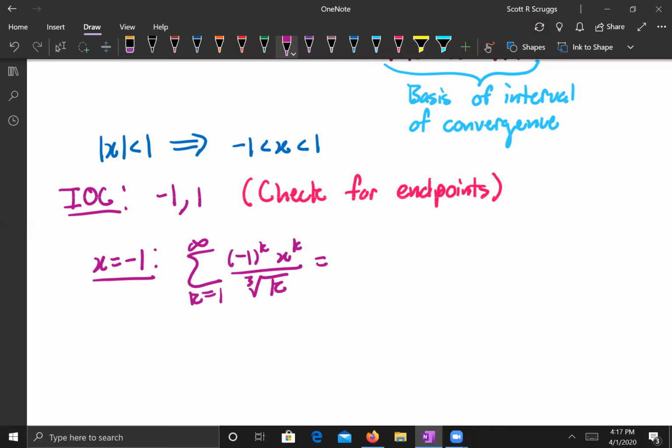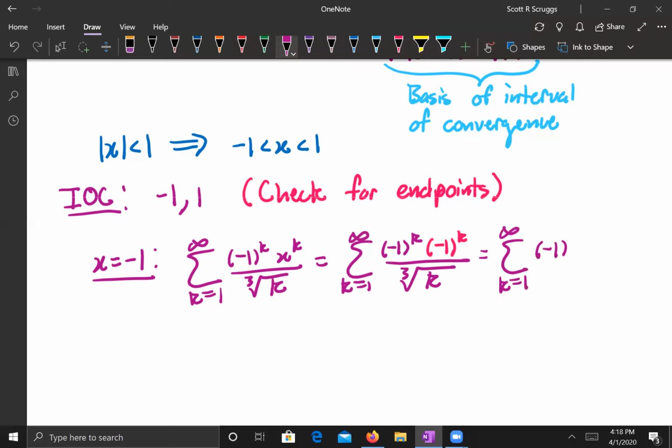And now because I'm plugging in -1 to check if I can include the left endpoint, this can now be rewritten as -1 to the kth power, -1 to the kth power, because now I'm plugging in -1 for x, over the cube root of k. And now I have -1 of k times -1 of k. Multiplying those two together, I have -1 to the 2k power over the cube root of k.